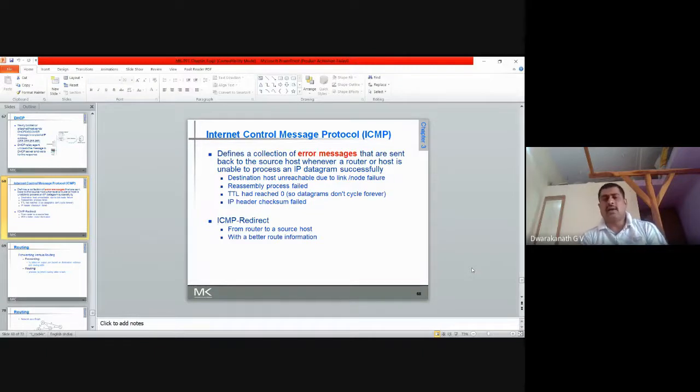In the next class, we are going to discuss routing, the last service of the IP protocol: how routing will be done from source to destination, which algorithms the IP protocol will use in real time to transfer a packet from source to destination, and how the route will be maintained through different networks to reach the destination.